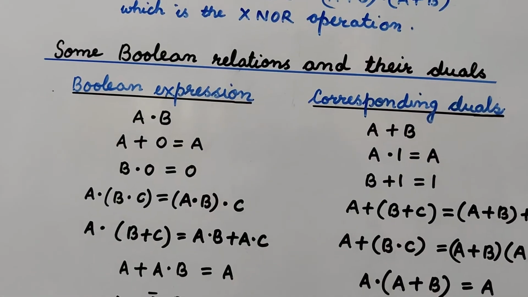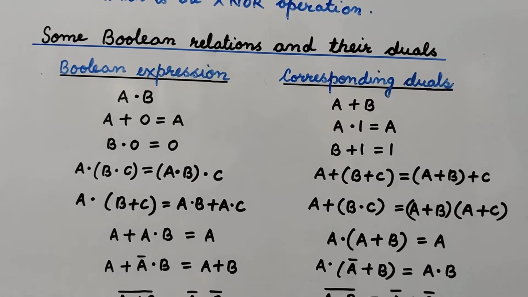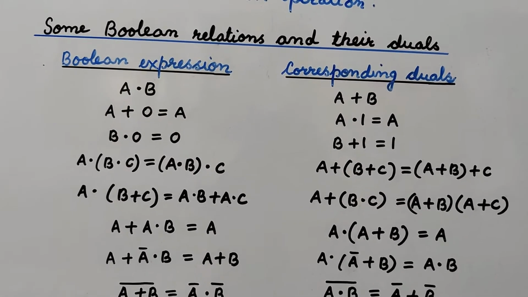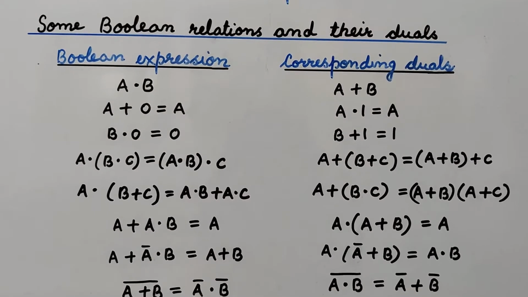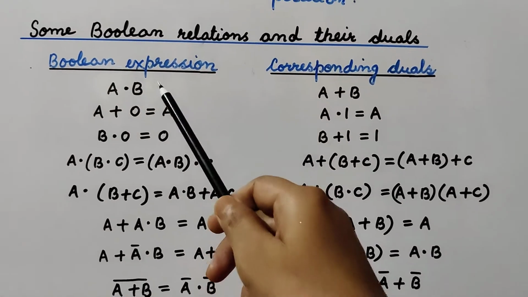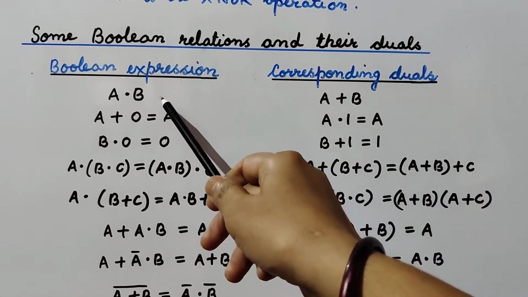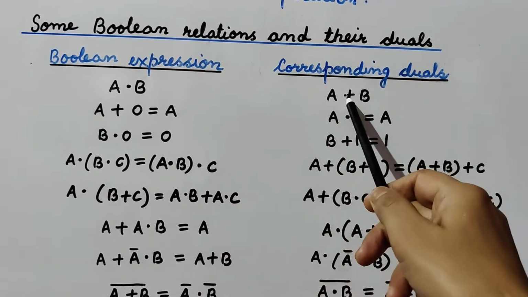Now let us take some Boolean relations and let us find their duals. As you can see here, we are given some Boolean expressions and their corresponding duals are shown side by side. If we want to find the dual of A dot B, then we will just replace the AND by OR.